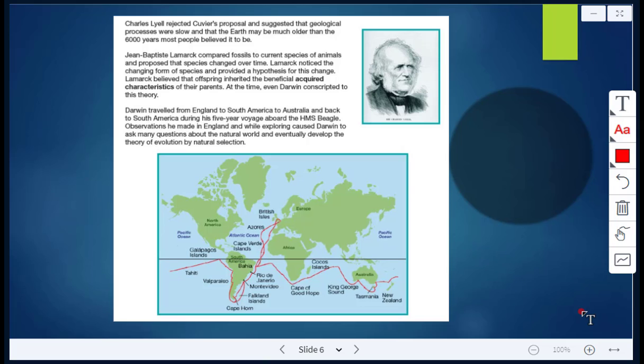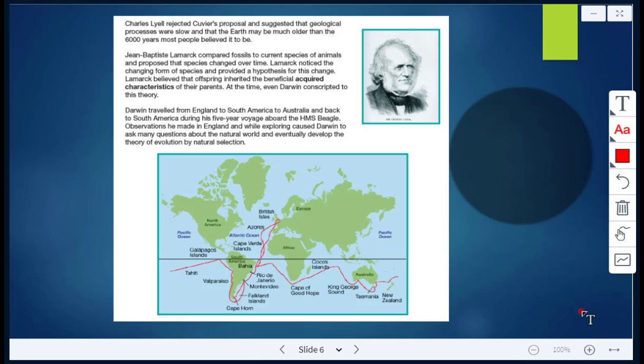Basically, he believed that offspring inherited the beneficial acquired characteristics of their parents. And during that time, even Darwin subscribed to this theory, but it changed as he did some more traveling.